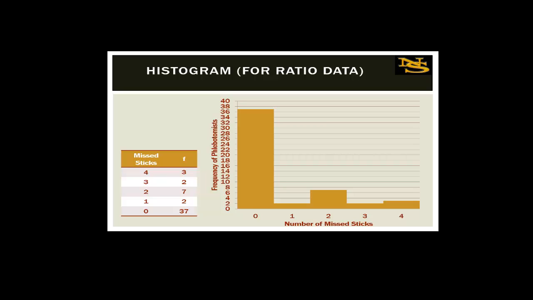And then the height of each bar corresponds to the frequency of each score. So there are 37 phlebotomists with 0 missed sticks. Find 0 along here, go up to the bar height of 37 that represents the frequency of phlebotomists. And you can see how, again, that table informs this graph.